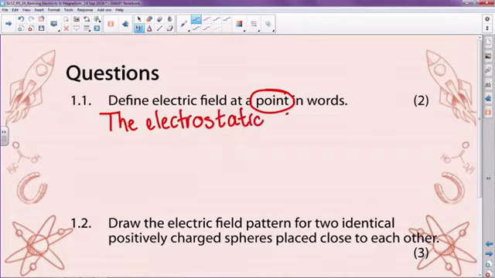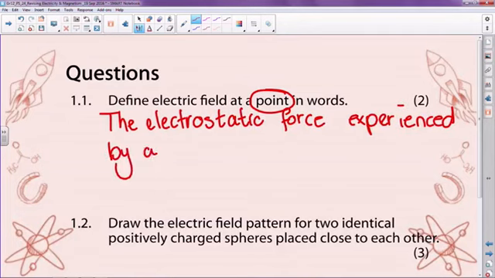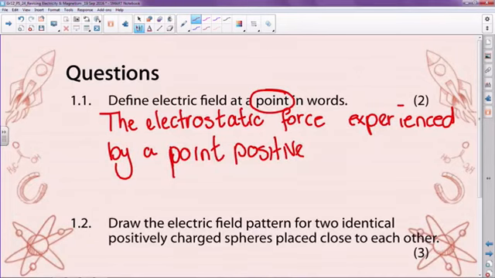So it's the electrostatic force experienced, because it's something you're going to experience, by a point positive charge, or positive point charge, though you don't really need to have positive there.